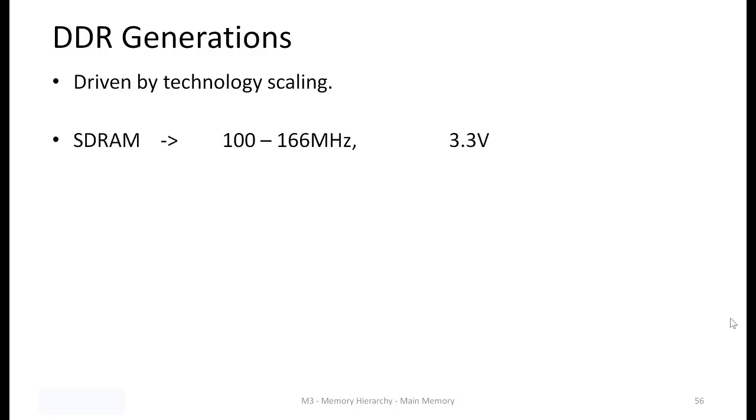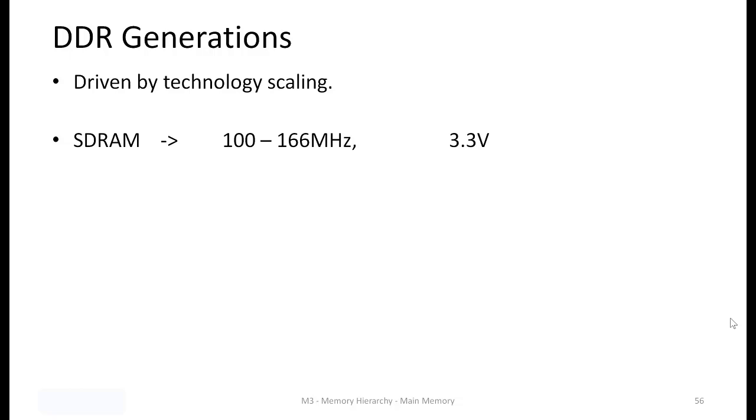If we look at the balanced version, which is the regular DDR, there are many generations over the past 3 or 4 decades. It is driven again by technology scaling, that is Moore's law. So the first generation was SDRAM. S stands for synchronous DRAM. Before that, the DRAM was asynchronous.